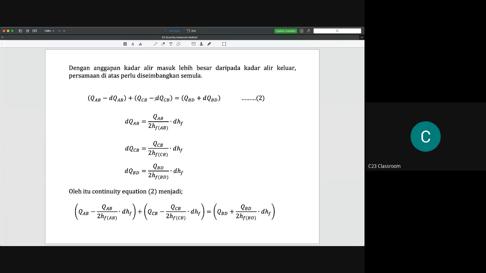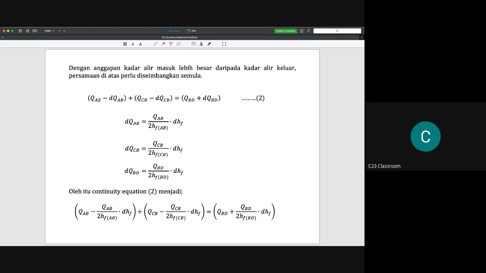It is a little bit different compared with the Hardy-Cross method, because in the Hardy-Cross method, we just take one delta Q. But for this method, we assume that we need to take a certain amount from A to B, but the amount that we need to take from C to B might be different to the amount of A to B.